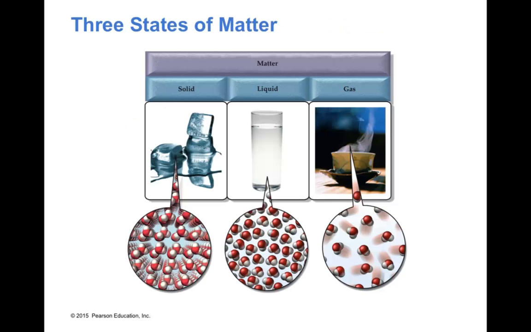This is a representation of the three most common states of matter. Here we have the solid, the liquid, and the gas. As we can see at the molecular level, even though we are talking about the same molecule, water, H2O, they seem to behave in different ways according to the state in which they are.